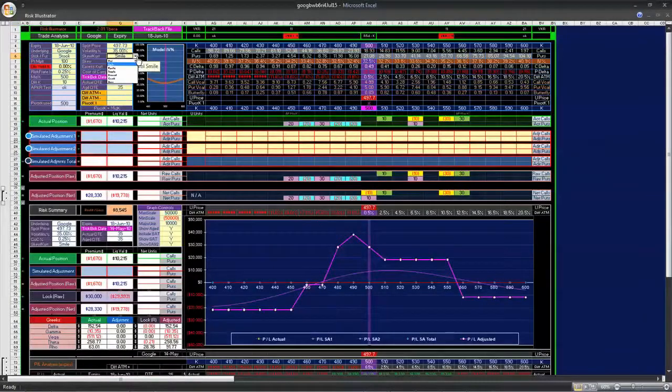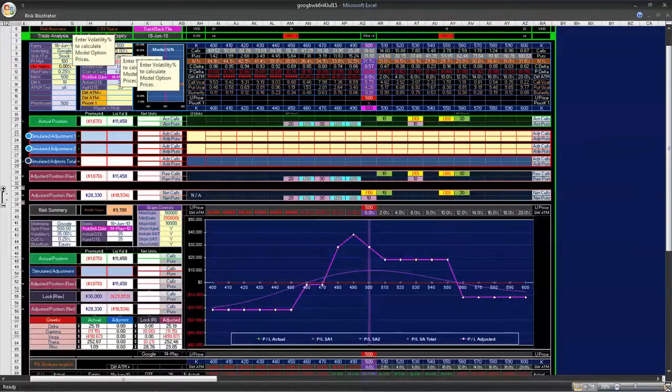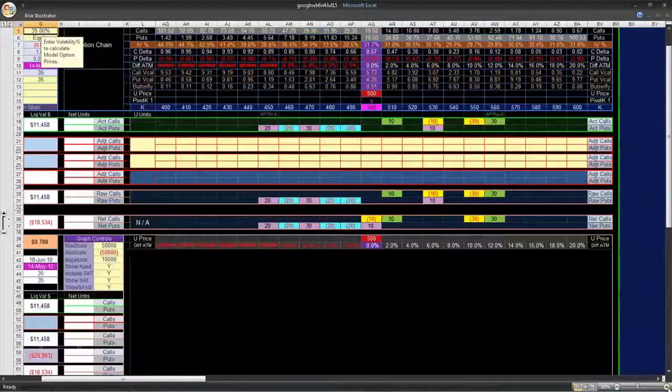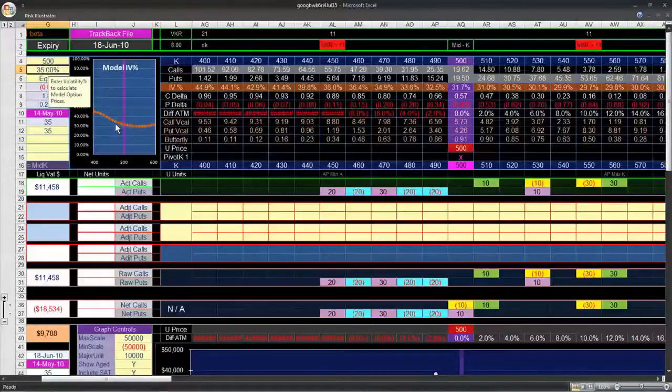And if I change this model to the equity shaped one, you will see the butterflies, if I put the underlying right at 500 and we zoom in, we can see that because of the higher vols on this model on the left here, left of 500 they're higher vols, right of 500 they're lower.